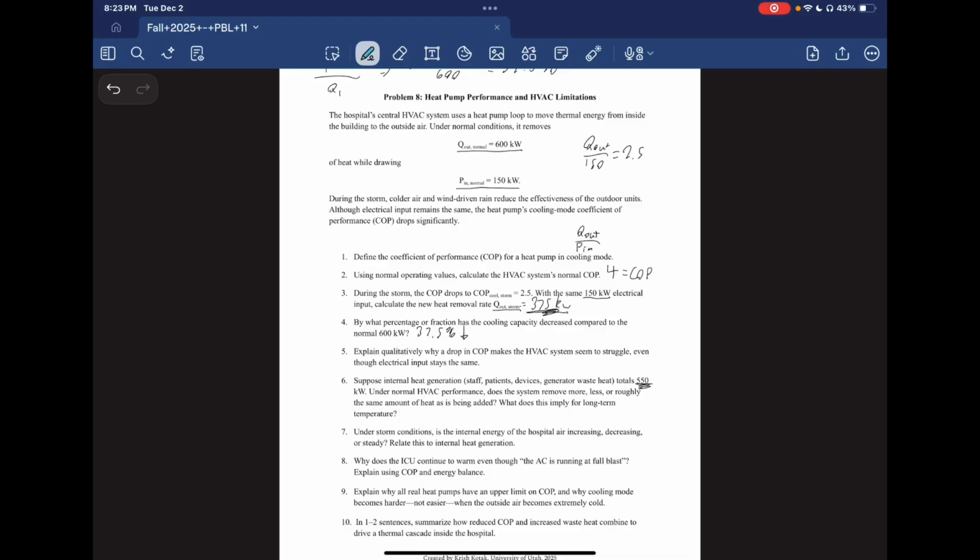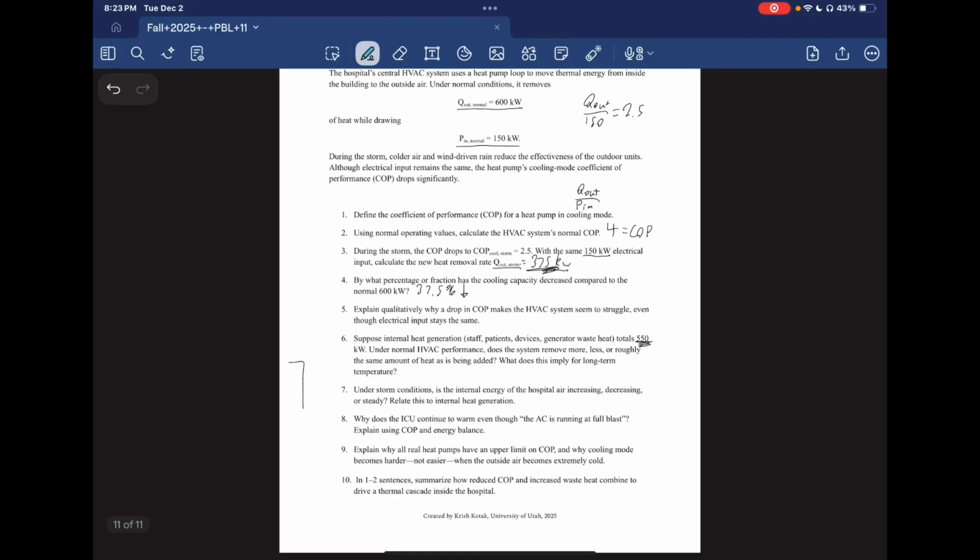Inside the building here, temperature may be 26 degrees, but if it's really freezing outside, then it's 0 degrees out here. I think that's in Celsius there. It's not freezing in both places. And this is a huge difference that it has to overcome. And so the process is a lot less efficient.